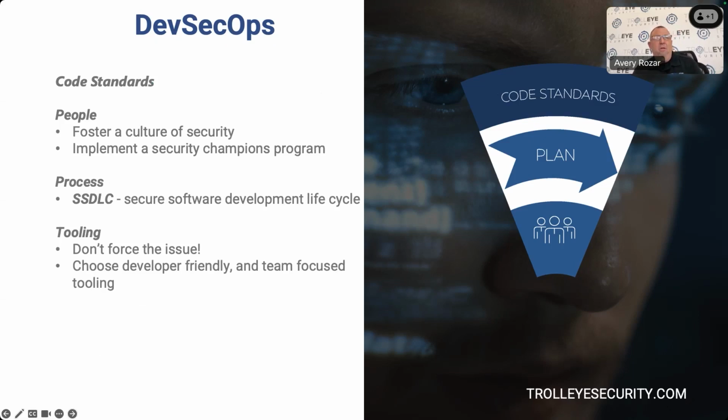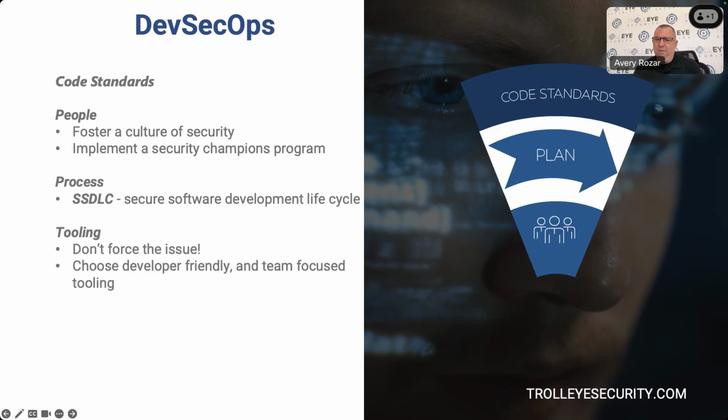A lot of times you can pick out those folks that are really interested in security that are on your dev team. Those people are very essential to having a good security champions program, and they can work closely with the application security team and bridge that gap between security and development, and they can help accelerate the adoption of secure coding standards.